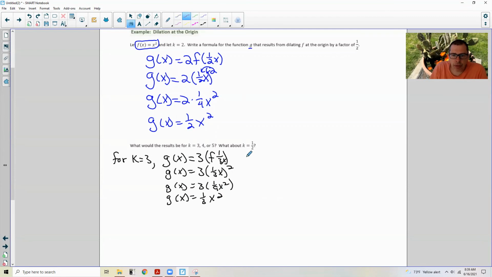Okay, now for k equals 4, we would get g of x equals 4 times f of 1/4 x. My parentheses are in the wrong place.